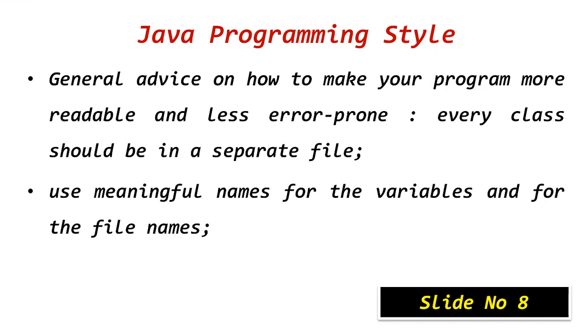Suppose I am going to develop software for a banking management system, then I should take the variables according to the banking system. And if I have to design a Java application for a school management system, then I should use the vocabulary according to the school management system.